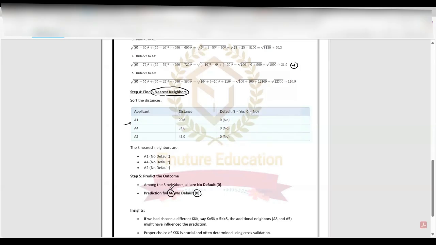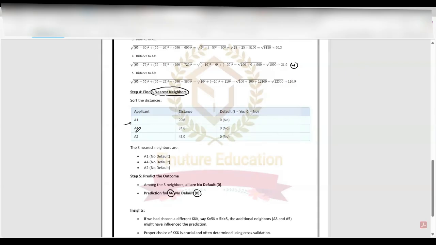Yeah, because my k is 3, and depending on the value of k, you will have the conclusion data points for your final conclusion. Out of interest, one would have asked, what would have been the conclusion had this A4 been default in my training data set? Can anyone tell me what would be my conclusion hypothetically?